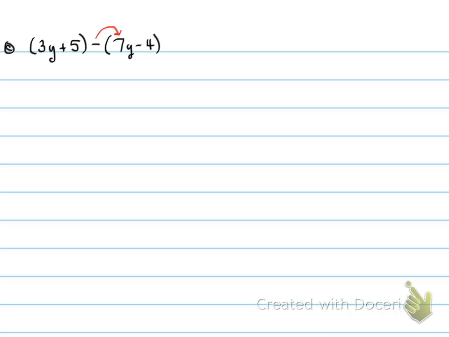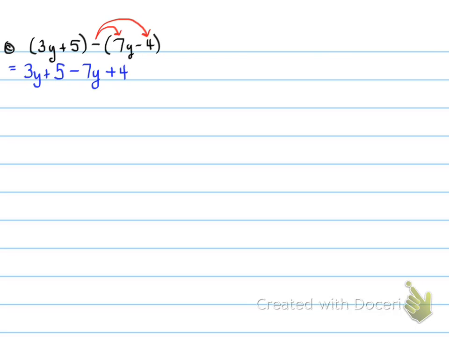So it'll be minus 7y and minus, minus 4. Don't forget, we're giving the sign to each term inside the bracket. So that is, again, 3y plus 5 minus 7y plus 4. Minus, minus makes plus, so it would be plus 4.